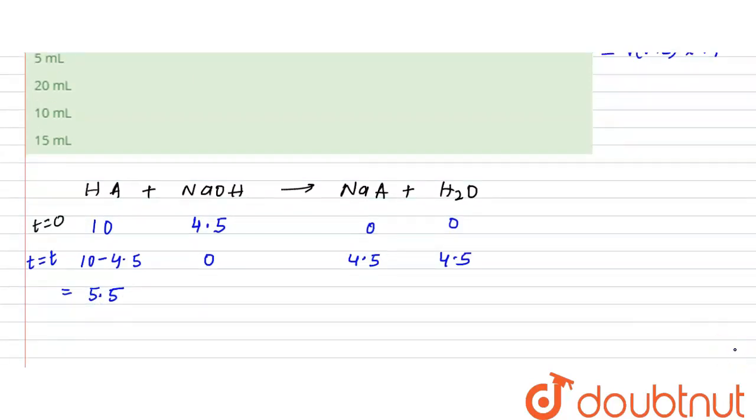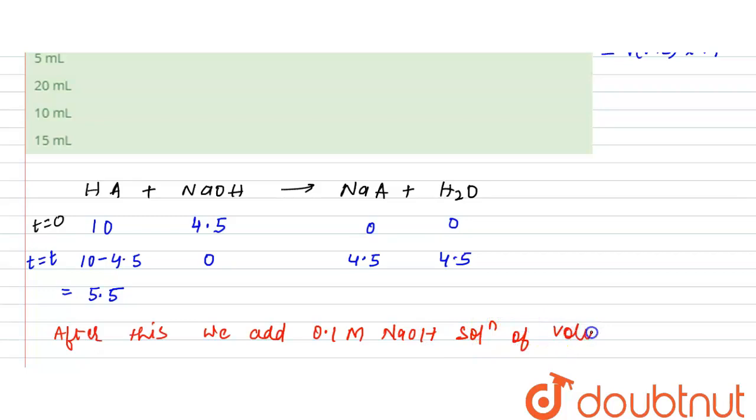Now let's see what happens. After this we add 0.1 molar NaOH solution of volume V, right? So what will happen now?